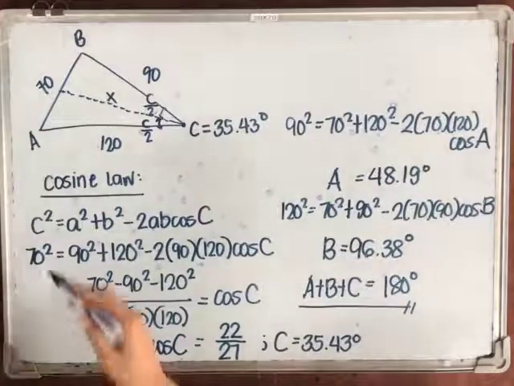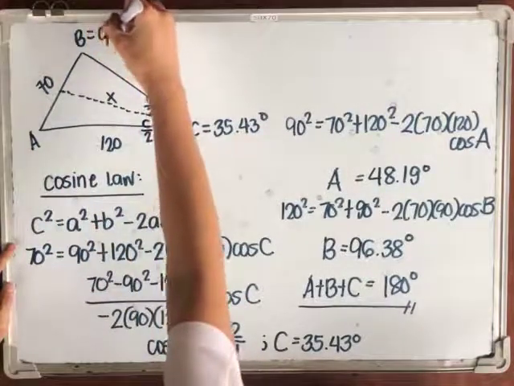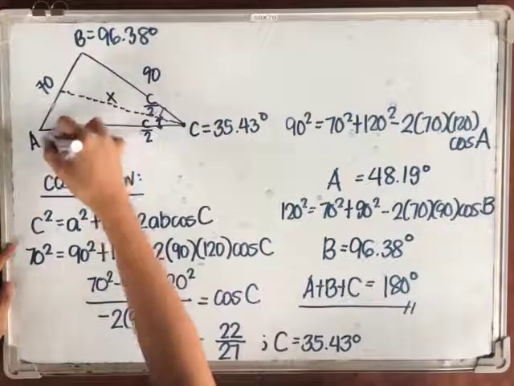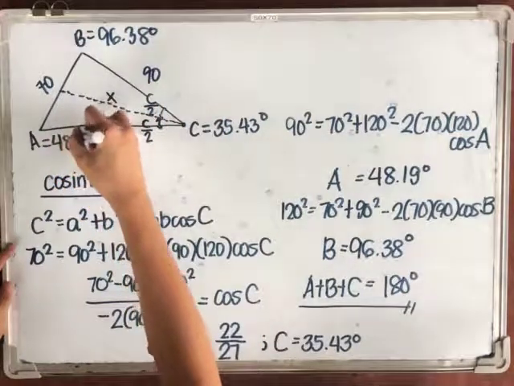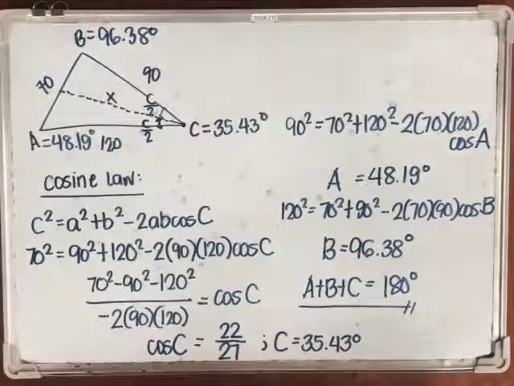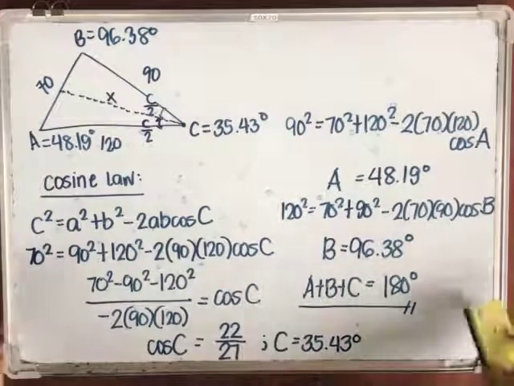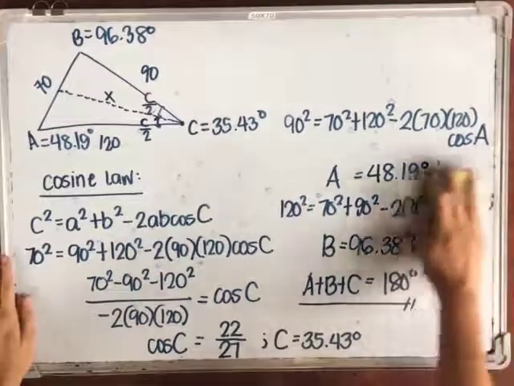Alright, I'll write the values here. This would be 96.38 and this would be 48.19 degrees. You can pause this video if you want to check this computation here. And sa gusto nang mag-proceed, I will start erasing.